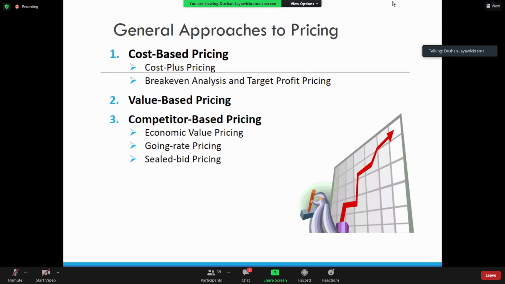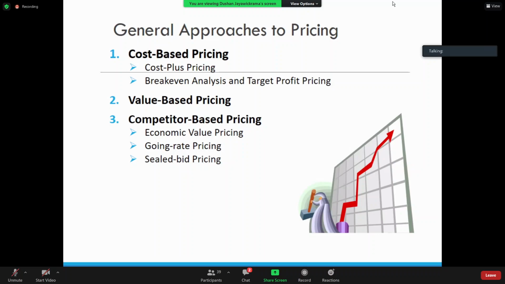General pricing approaches, these are not specific ways of setting the price. Cost-based pricing means our thinking is completely based on cost. If accounting and financial professionals are dominating the system, pricing in the organization always has a very cost-based approach because the main determinant is the cost. Value-based pricing, on the other hand, focuses mainly on customers' perceived value: how much the customer is willing to pay for the product.